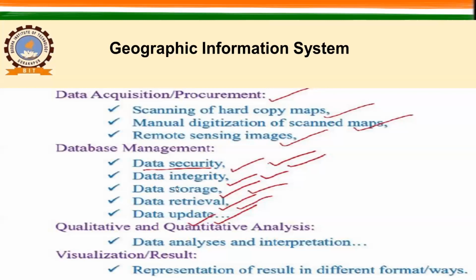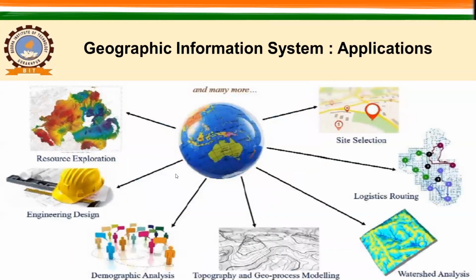So that is how the geographical information system components are very important. None of them are insignificant. All of them are significant, and they are playing a critical role. Then GIS data types, which I also covered in my previous lecture.